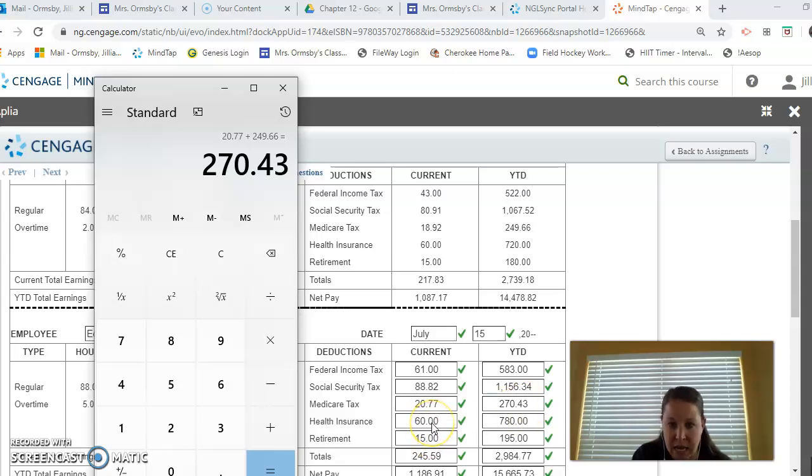So 60 plus 720 is going to give us $780. 15 plus 180 is going to give us $195. Totals $245.59 plus $2,739.18 is going to give us $2,984.77.